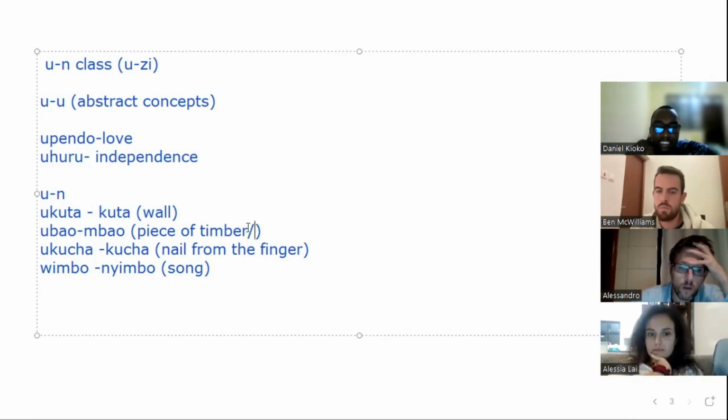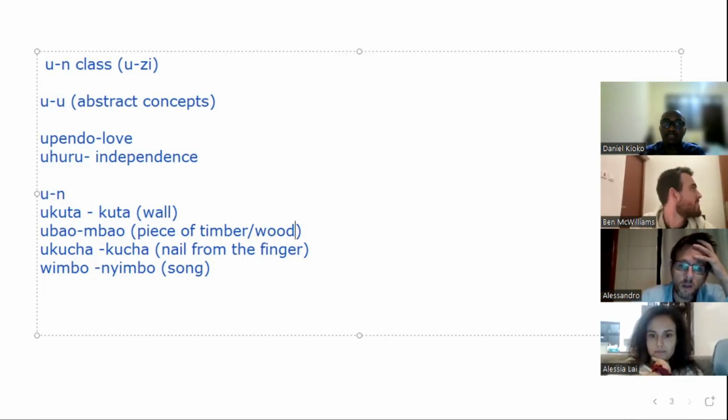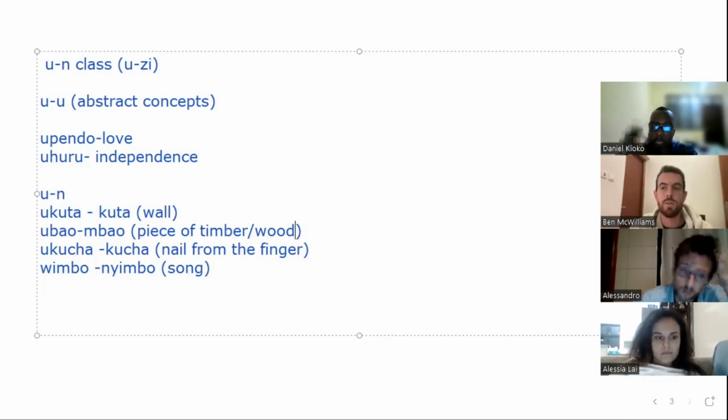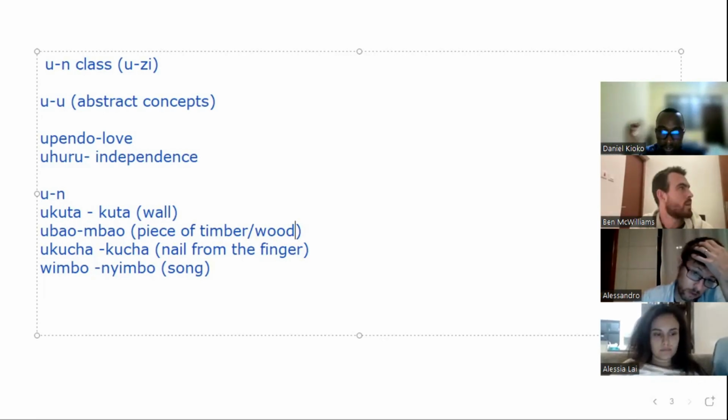Okay. What about timber? What is timber? Usually processed wood is timber. Okay. So I'll just say timber or wood, both. I'll say both, because when I'm talking of a well-processed one to make roofs, I'll still say mbao, ubao.